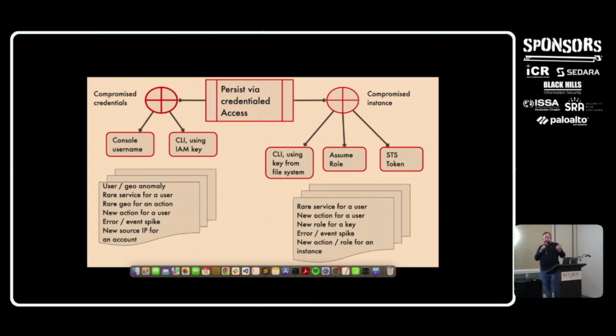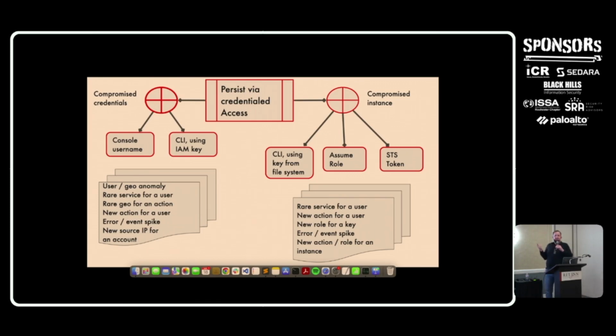And I'll explain why that's going to work: doing that over a long term, on basically an indefinite learning period, seems to work well. And then over here, I'm doing rare service for a user, not rare action for a user, and I'll show you why. I'm doing new action for a user because that actually has better efficacy.